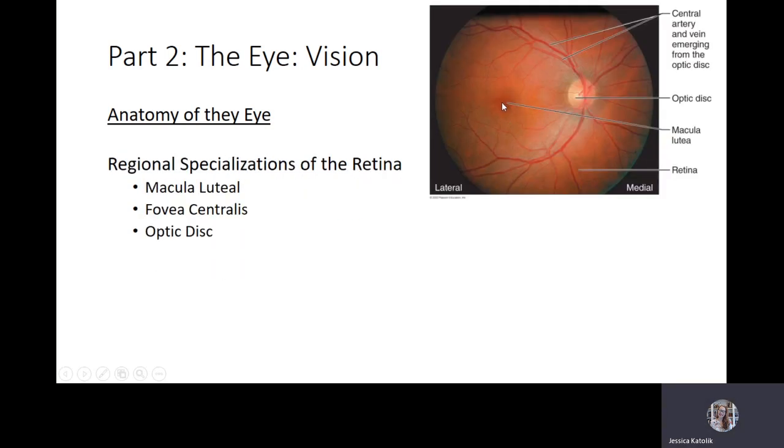The center of the macula lutea is going to have the fovea centralis. The fovea centralis is really important because it has a high number of cones. When light focuses on the retina, it is going to focus on the fovea centralis. So this will be the focal point of our eyes.